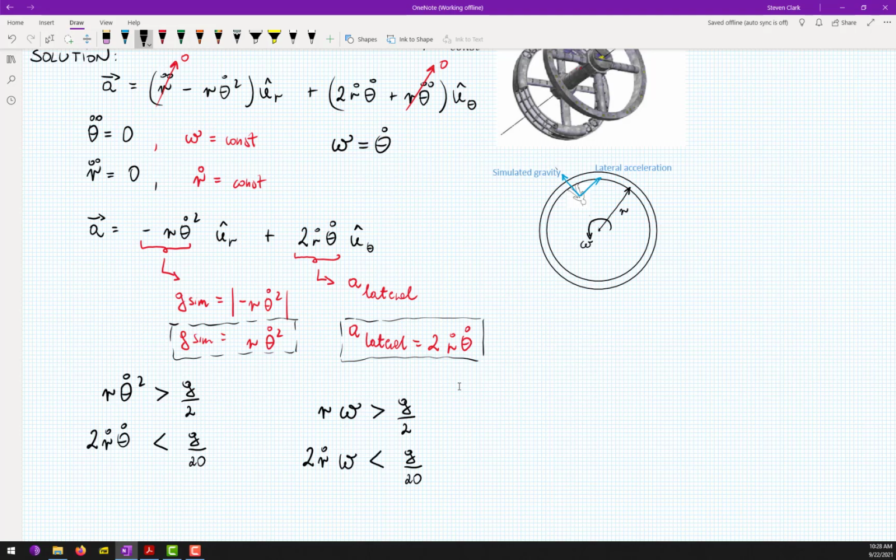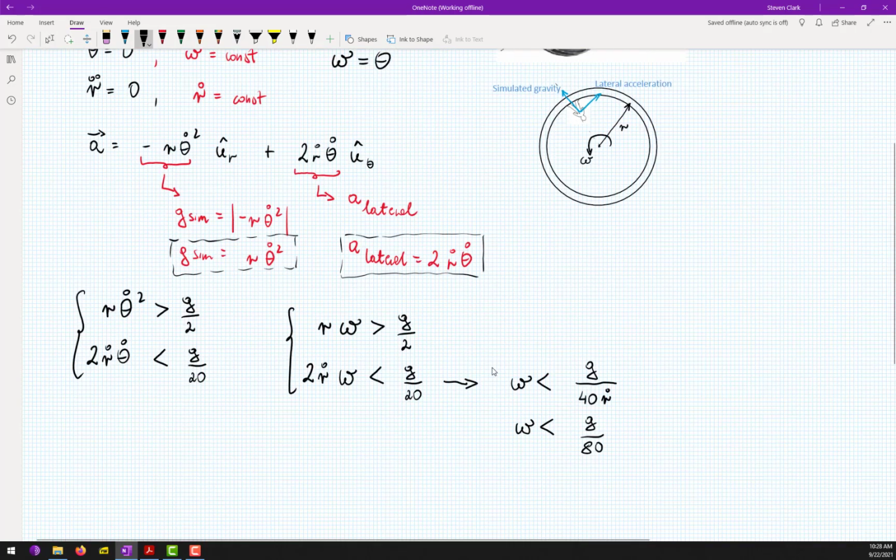Maybe let's focus on the second expression. This expression. We know that omega is smaller than G divided by 40 R dot, yes? And R dot was constant, R dot was 2. So basically our omega is smaller than G over 80.